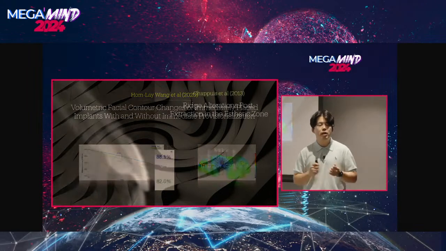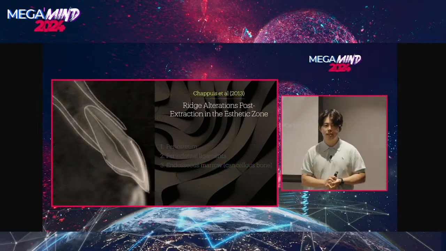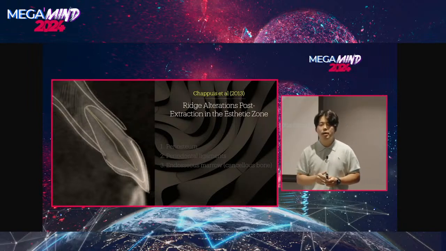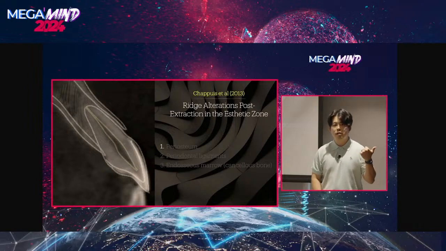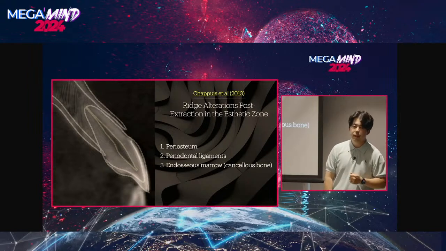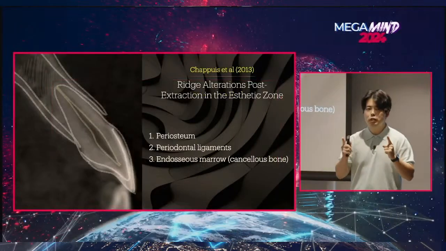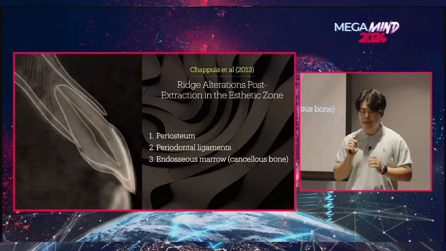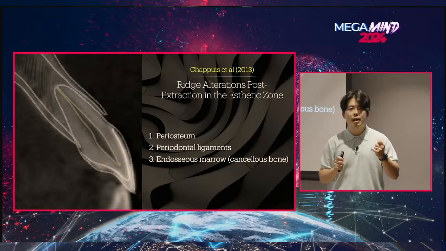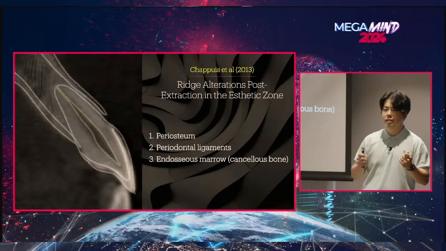Well, if you think biologically, it makes sense. As we all know, the alveolar process has 3 main blood supplies. That is the periosteum, the periodontal ligaments, and the cancellous bone. Now, in the labial plate, especially the maxillary anterior area, where the labial plate is so thin, it doesn't really have a lot of cancellous bone to rely on.